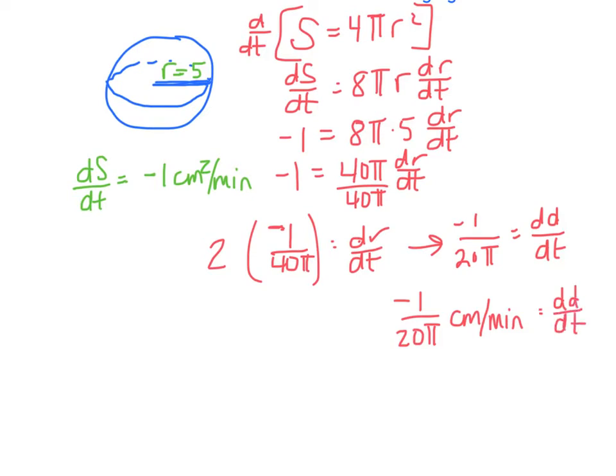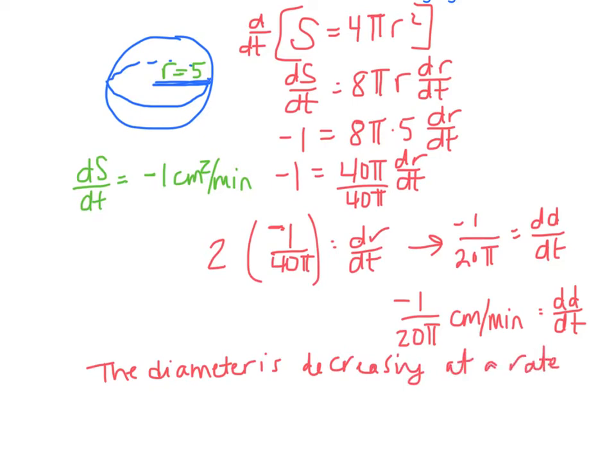And again, I would write a concluding sentence that says the diameter is decreasing at a rate of 1 over 20 pi centimeters per minute. And remember, we don't put the double negative, so we already said it was decreasing. We don't need to put a negative on our rate.